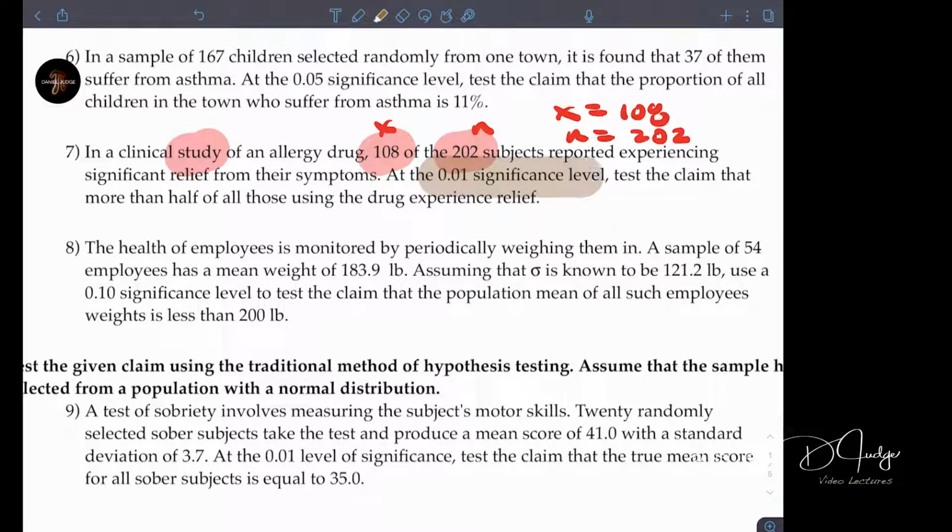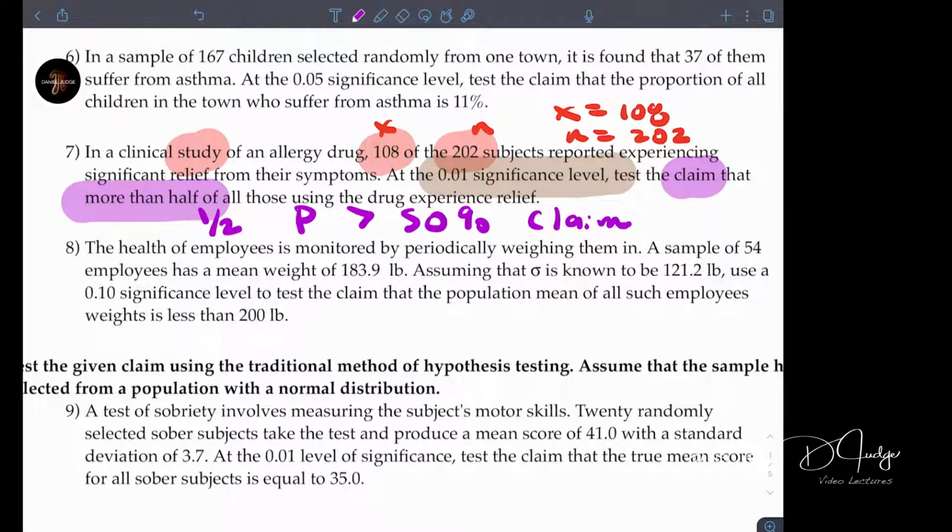At the 1% significance level, same thing. Test the claim that more than half of all those using the drug experience relief. More than half. The proportion is greater than 50%. This is our claim. You say, why?